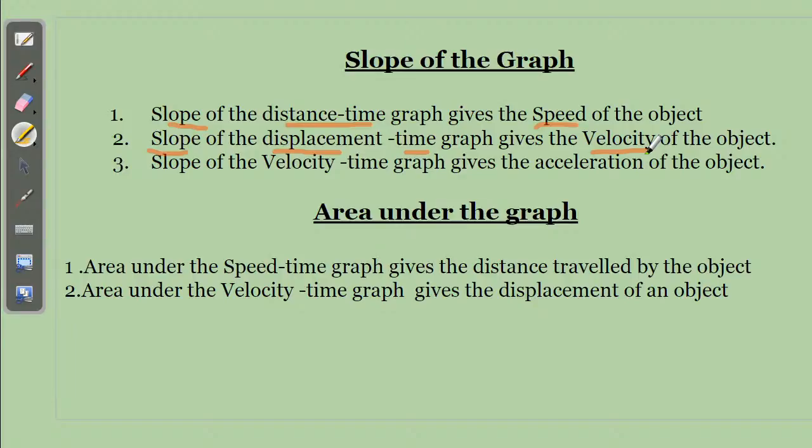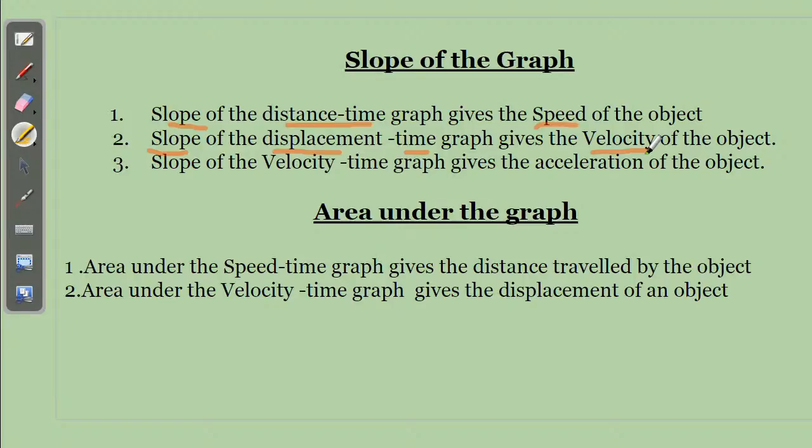Sometimes instead of a displacement time graph, they might provide a distance time graph and ask you to calculate velocity. At that point, remember they might mention a straight line path. If it's a straight line path, then distance will be equal to displacement. So don't get confused.